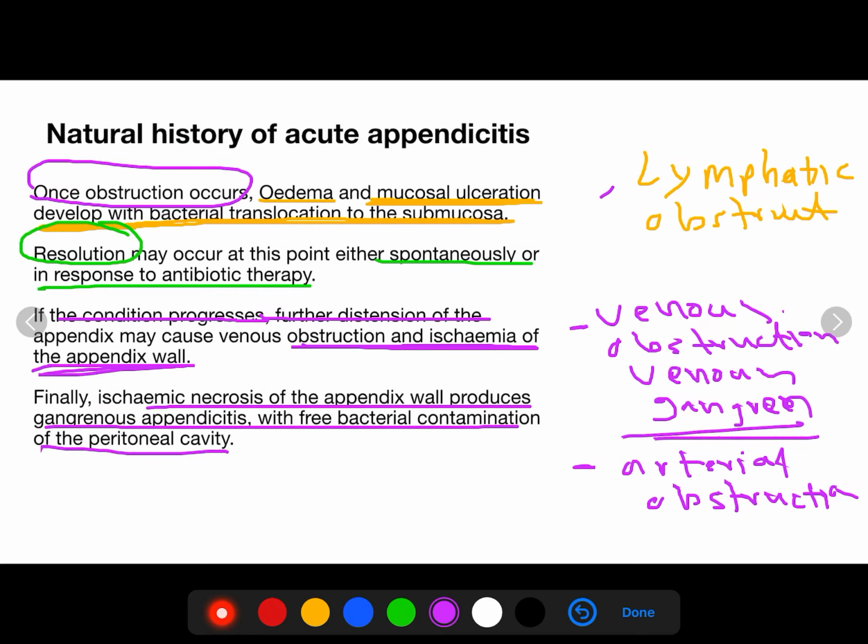اكو other outcomes، راح نشوفها بالسلايد الثاني.